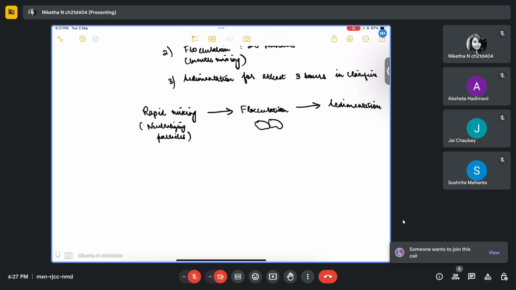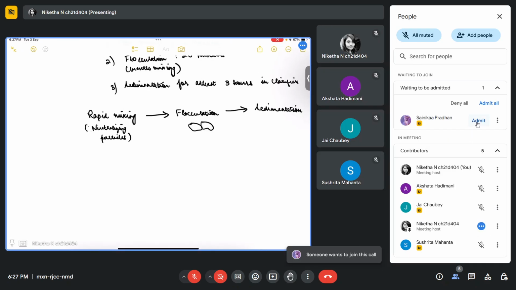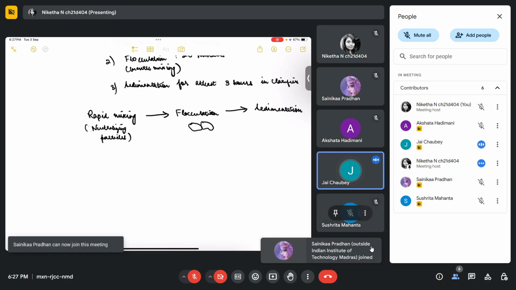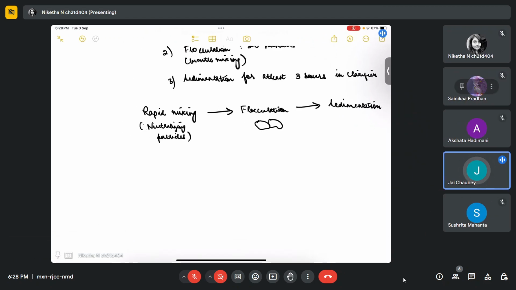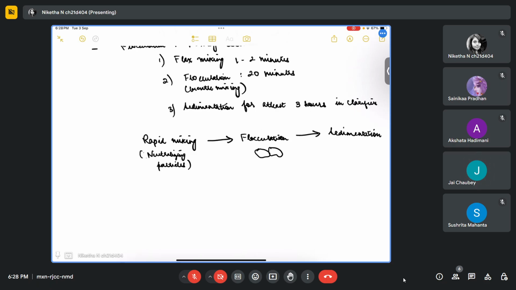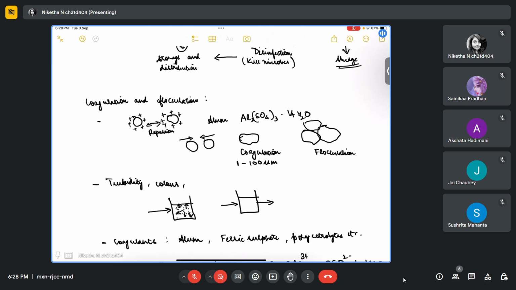Any questions so far? Ma'am, what is the binding force for flocculation? Charges are already neutralized, then how do they bind? Yeah, but the charge is not completely neutralized. There will still be some surface charge.